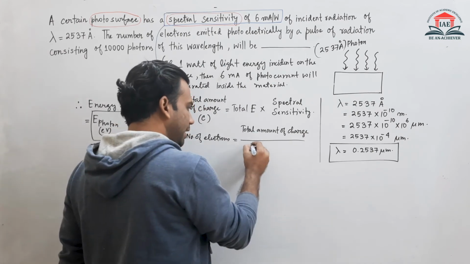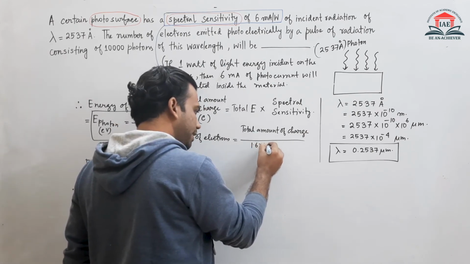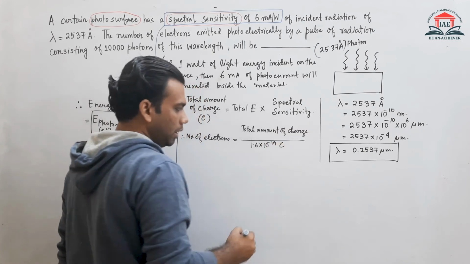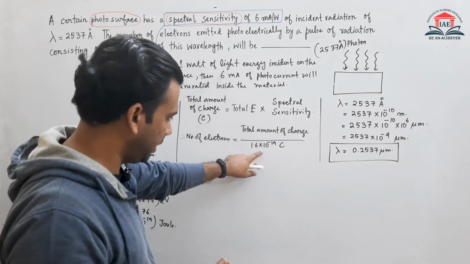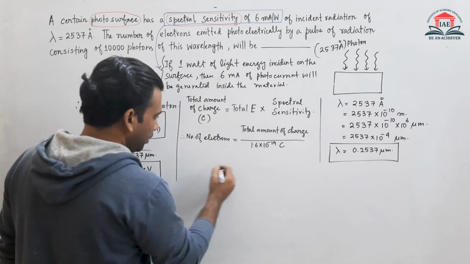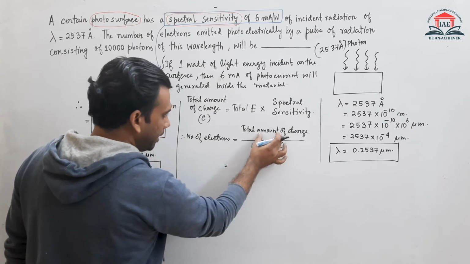That means it is 1.6 into 10 to the power minus 19 coulomb. How much is the charge of each electron? It is this one. So now if I put this value, what will the value be?